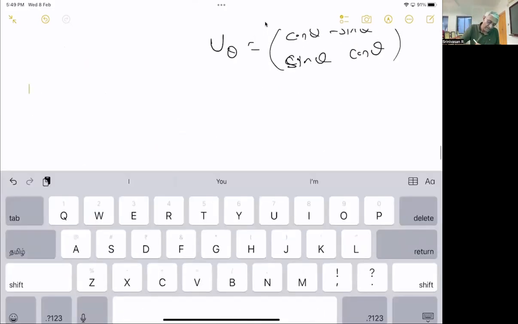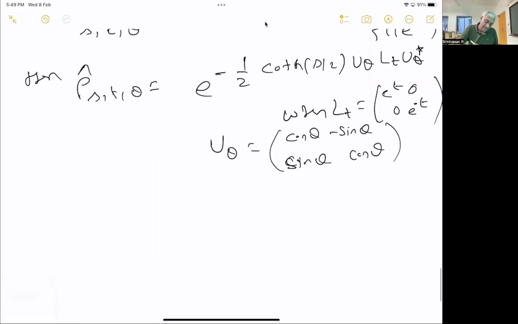What I'm saying is, this is actually equal to rho s gamma of e power I theta, gamma of e power I theta, rho s gamma of e power I theta gamma of e power minus I theta.